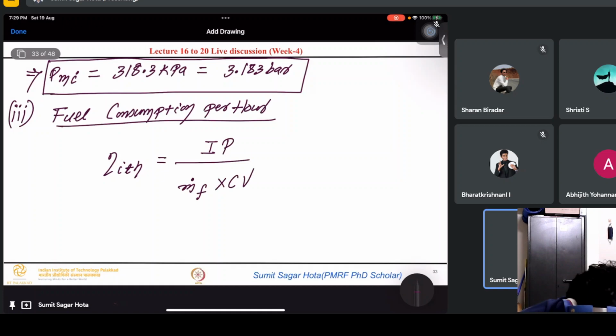Our fuel consumption is m dot F, in kg per second, then we convert it to kg per hour. Here thermal efficiency, CV is calorific value, IP is indicated power. Everything is given, so the only unknown is m dot F.